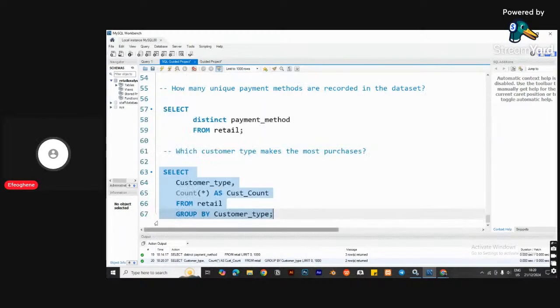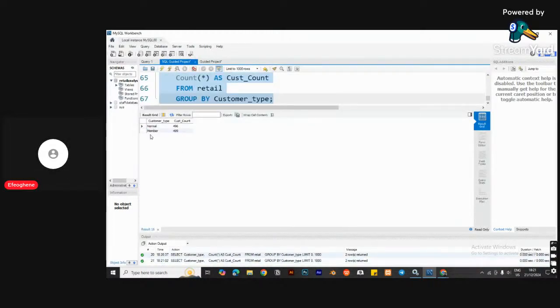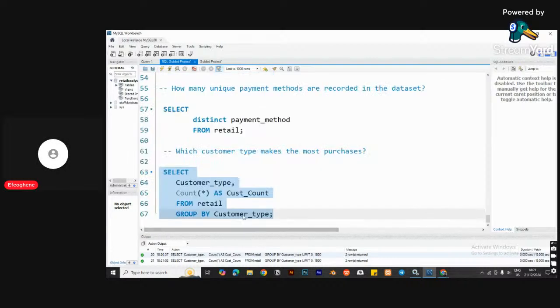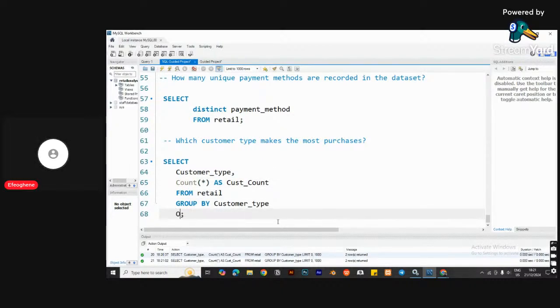You can see how to put your customers into different buckets. Which customer type makes the most purchases does not mean the fact that member is stopping. Let's order it by customer counts.